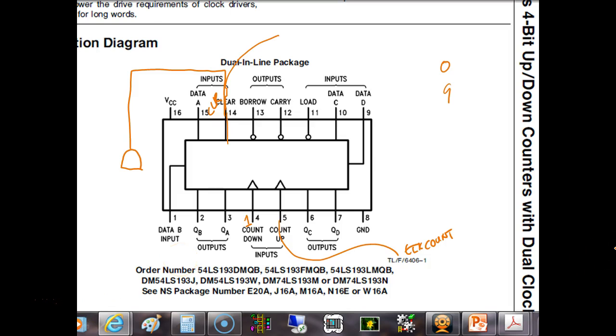So what would I want to clear it on? I'd want to clear it on a 10, right? So what would I do? The B, right? And the D. On an AND gate. It has to be an AND gate because the clear is high active.